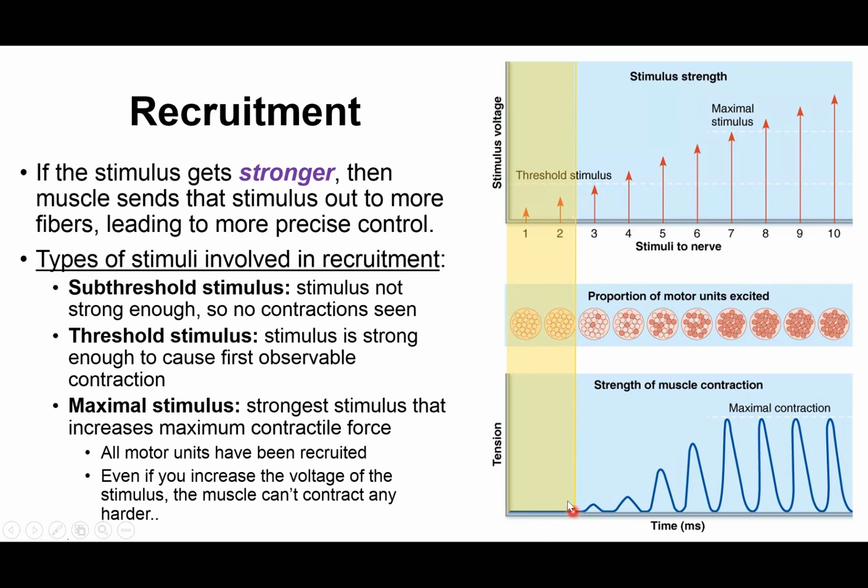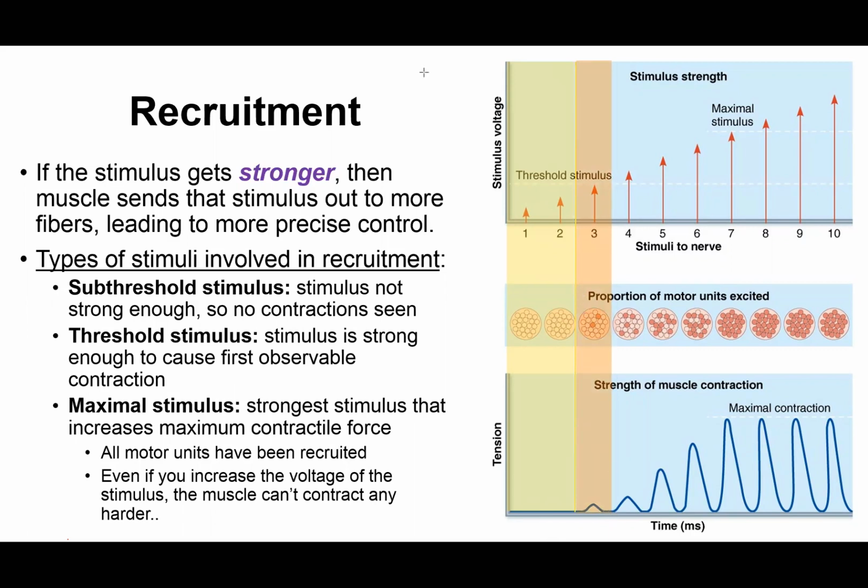Now, during threshold stimulus, we have a stimulus that's strong enough to cause the very first observable contraction. So let's draw that in here. The first observable contraction once we reach threshold would be this one.